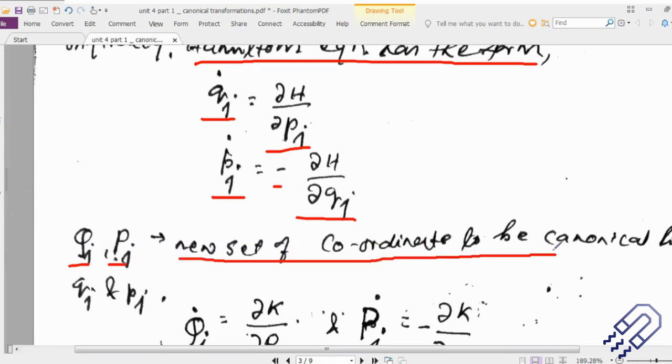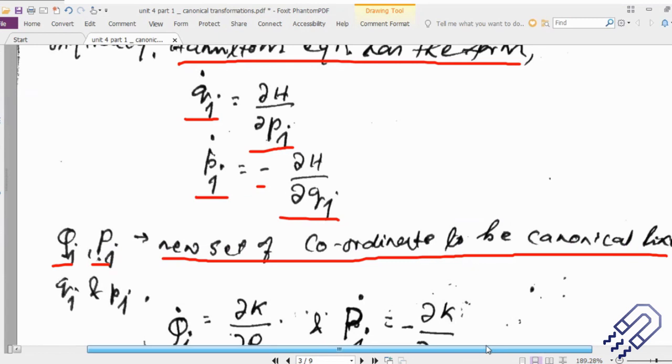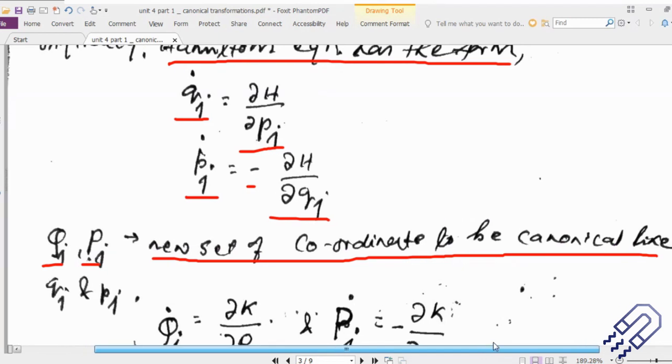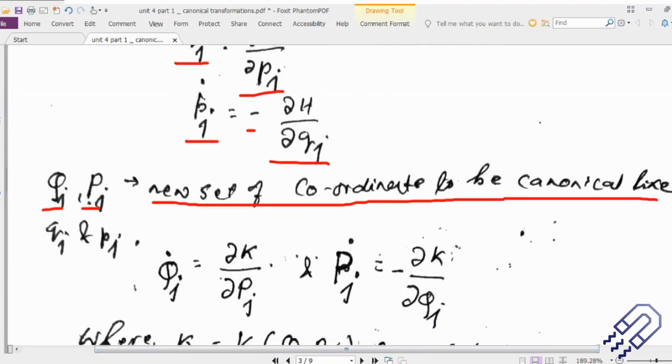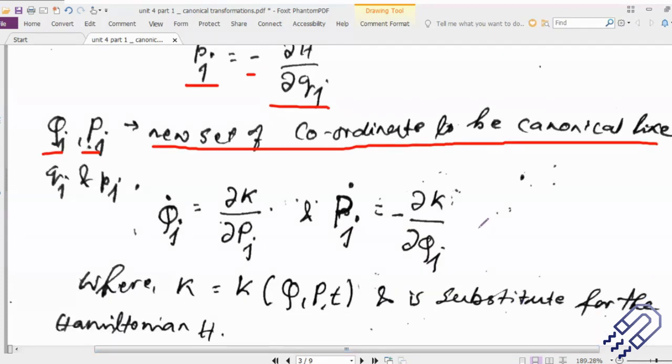This is our new set of coordinates. The approach has not changed much. We are still with Hamiltonian and Lagrangian, but we are looking at it from the point of view of changing the coordinates from one system to another. So we're just going to replace it, and this more or less remains the same.